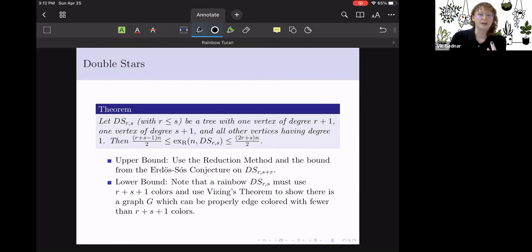However, if we know we can color a graph with only R plus S colors, then we know we can color the graph without a rainbow DS_{R,S}, because we can color it without enough colors to get there in the first place. Vizing's theorem tells us that the edge chromatic number of a graph is either delta or delta plus 1. And so we use those two things together to get this lower bound.